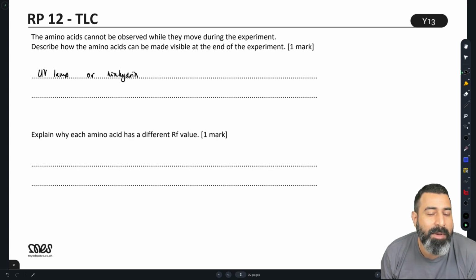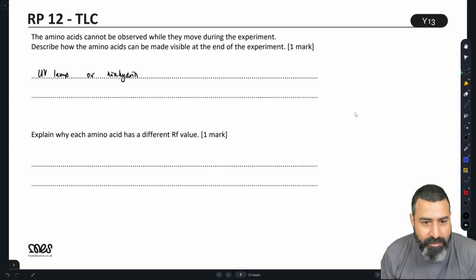Lots of people say iodine. I think it's probably going to be in the allow section, but it will probably be allowed. I'd go for these safe bets, UV lamp and ninhydrin, when we're looking at TLC of proteins or dipeptides, all that sort of jazz.